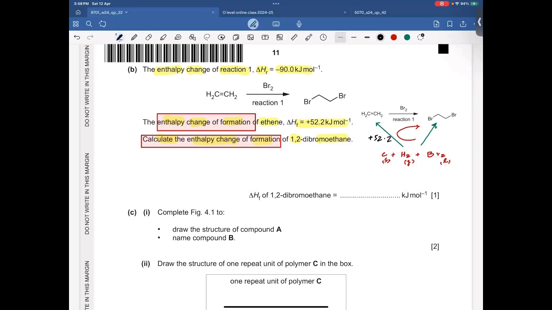Delta H is basically minus 90.0, and we need to find the value of X. So this value and this value are going to be positive: plus 52.2 plus minus 90.0, not 90, 90.0.